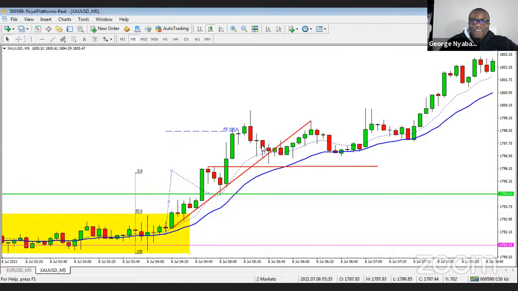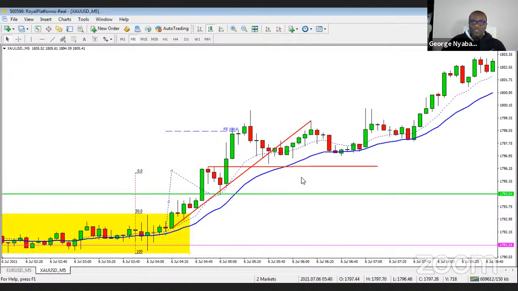Yeah, bears are failing. If I look at each of these candles as they are forming, these tails are telling me that bears are failing to close beneath the 10 EMA. They are failing to close beneath the trend line. And chances are they may just go sideways.